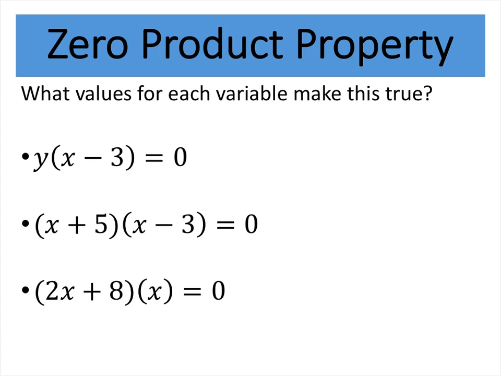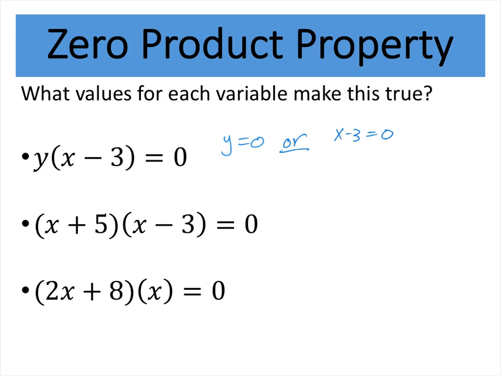So if we look at these equations, for example the first one, if y times x minus 3 is 0, then one of two things is true. Either y equals 0, because 0 times whatever is 0, or x minus 3 is 0.